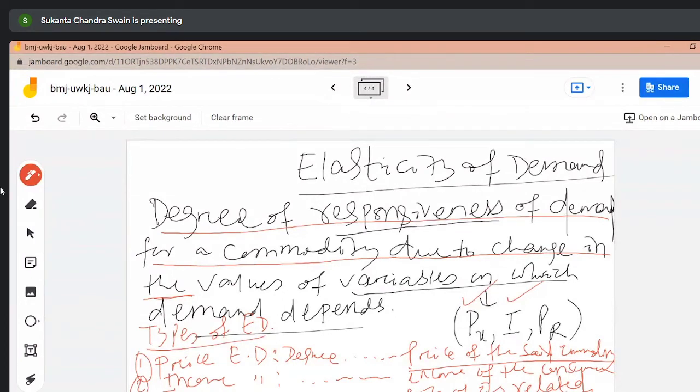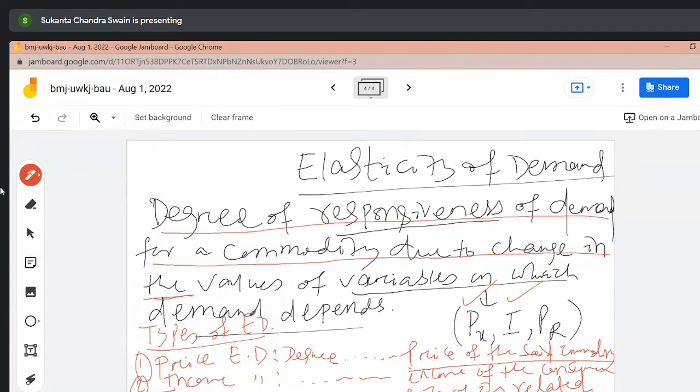Price elastic demand is the degree of responsiveness of demand for a commodity due to change in the price of the same commodity. Suppose commodity X: if there is a change in its price, to what extent is the demand changing?